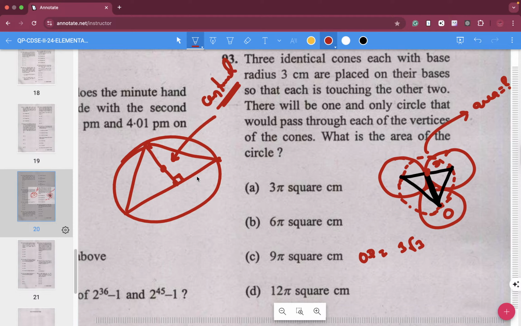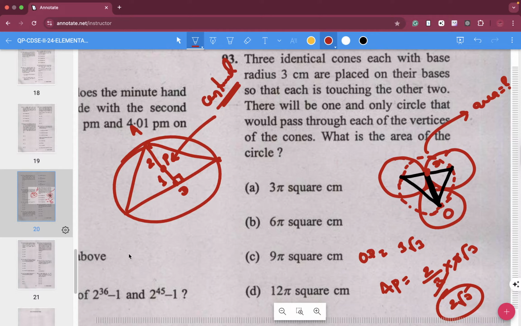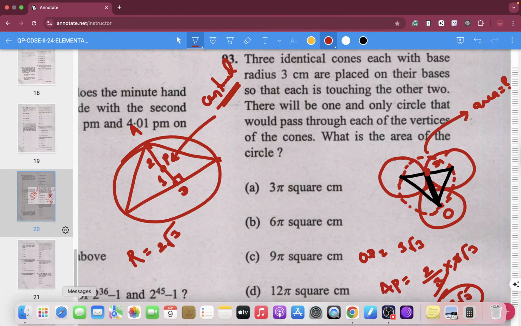The centroid divides it in the ratio 2:1. This is A, this is D, and I'm calling this P. So AP will be 2 by 3 times 3 root 3, which is 2 root 3. This means the radius of the big circle is 2 root 3.